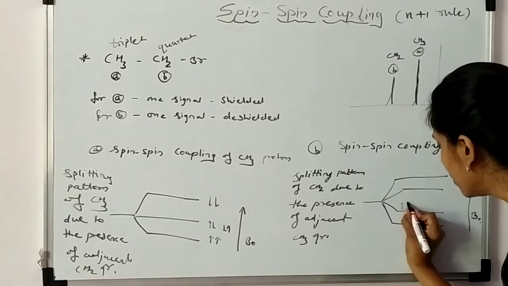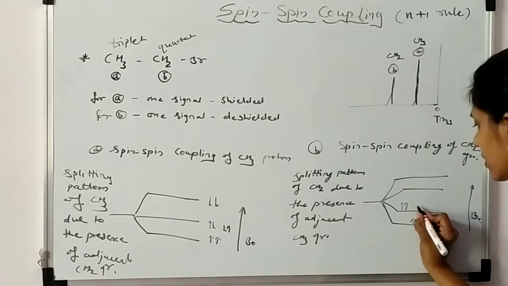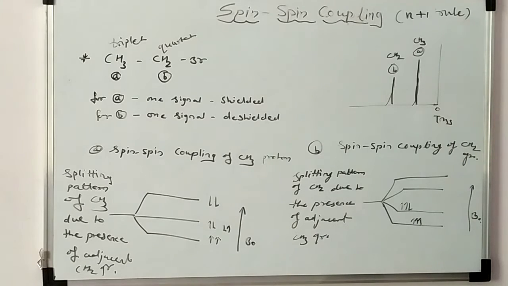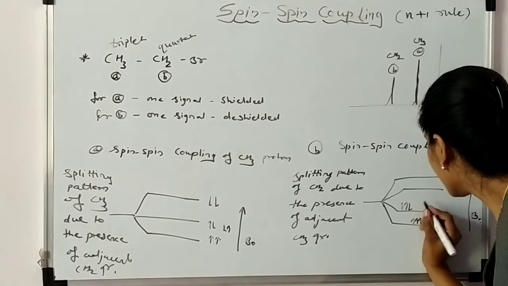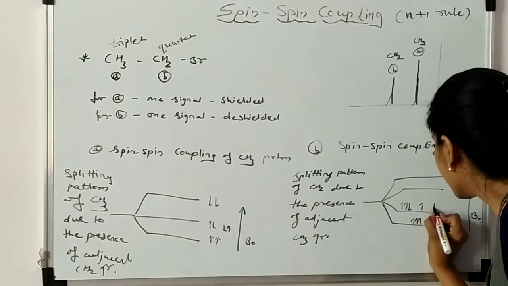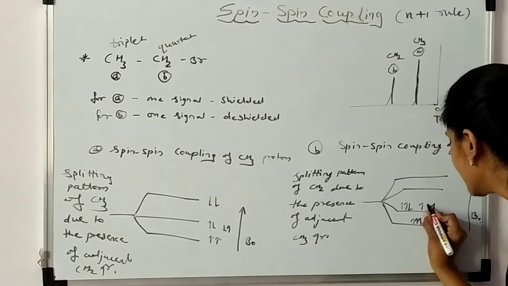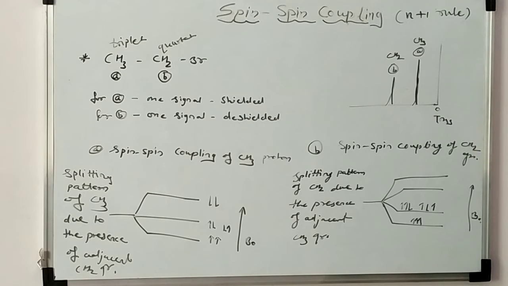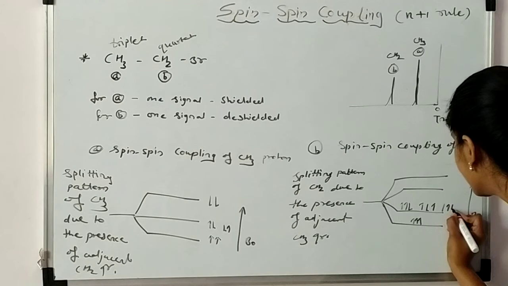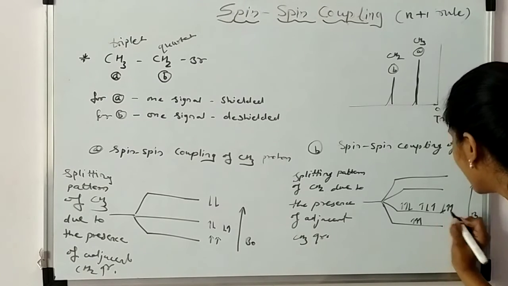What we have done now: put them as they are and change the sign of the last one. Next, keep the first and last as they are and change the sign of the second. Put the second and third as they are, change the sign of the first.